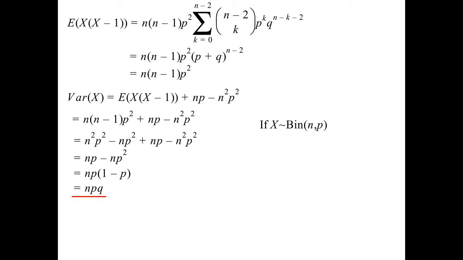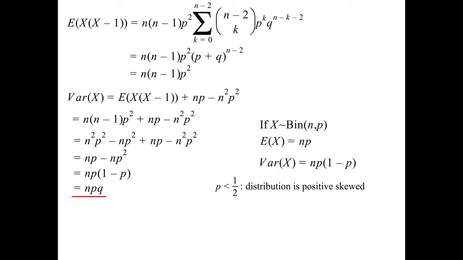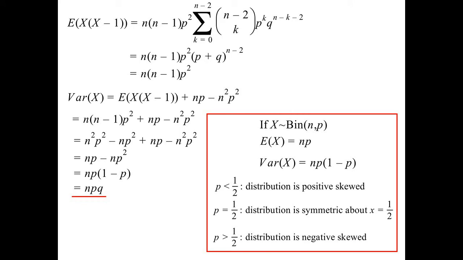Then the expected value would be np, and the variance would be np(1 minus p). If p is less than half, the distribution will end up being positive skewed. If p is equal to half, you'll get a nice symmetric distribution, and if p is greater than half, you'll get a negative skewed distribution. Remember yesterday when I said with that Bernoulli one, oh, they're not on the reference sheet?